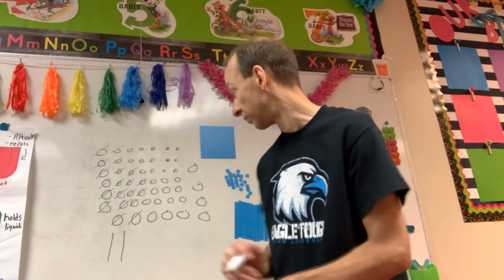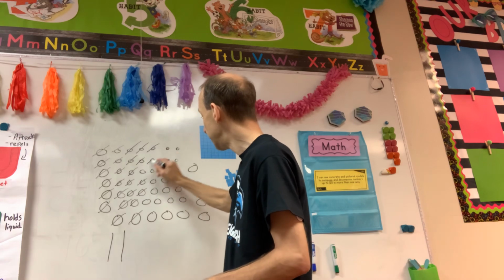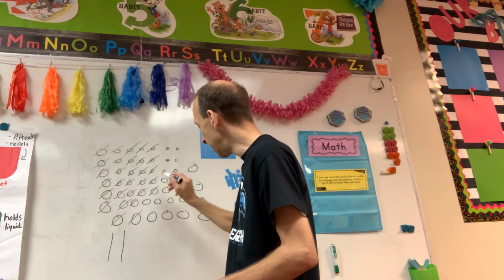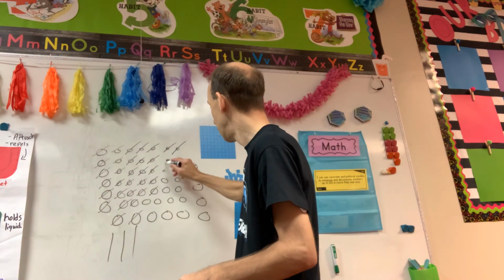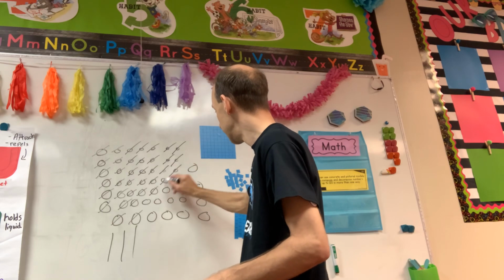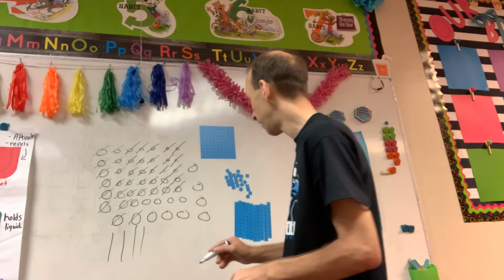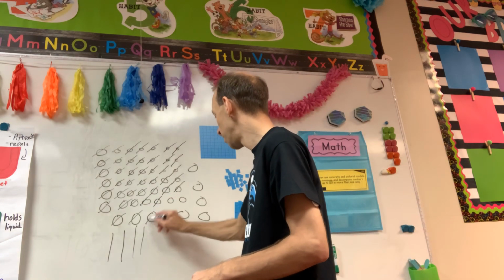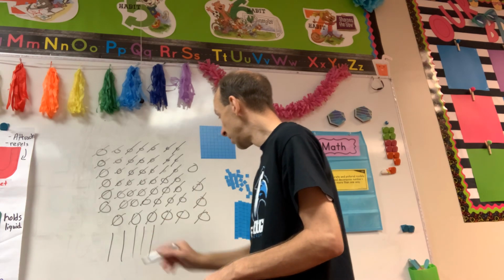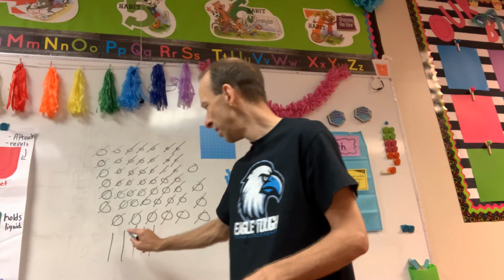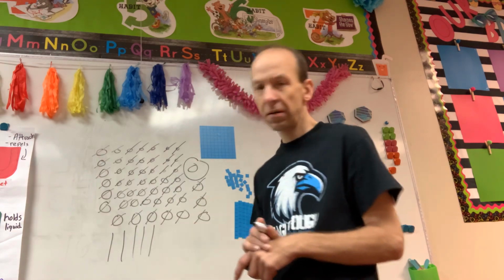I'm going to keep going. 1 through 10, another group of 10. 1 through 10, I just made another group. Let's see how far I can go now. 1 through 10. So I have 5 groups of 10, and I have one little one floating out here.